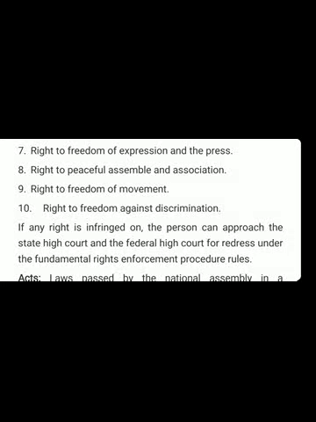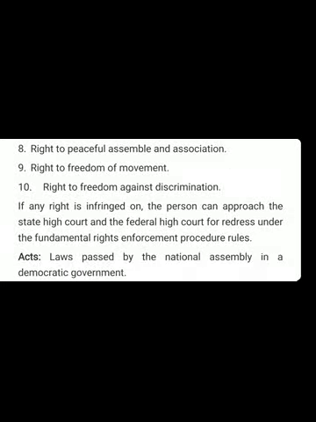If any of these rights is infringed on, the person can approach the state high court or the federal high court for redress under the Fundamental Rights Enforcement Procedure Rules.